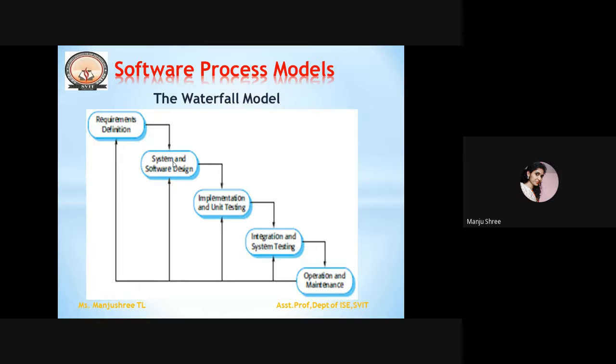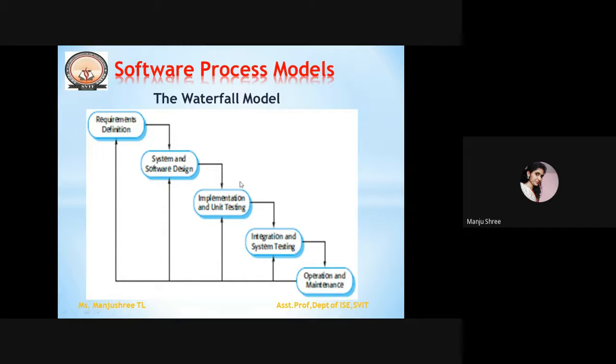The software design involves identifying and describing the fundamental software system abstractions and their relationships. Overall, we call this the second phase, system and software design. Next, coming to the next phase, implementation.